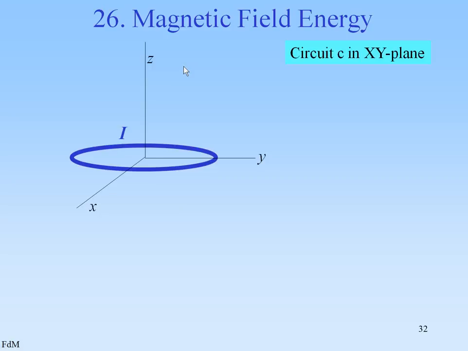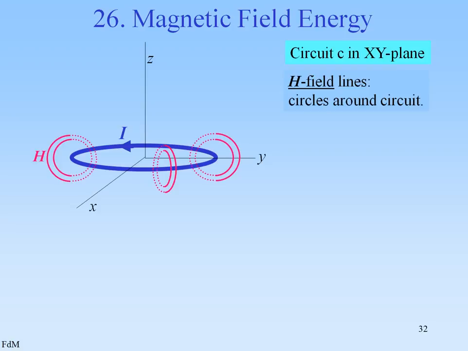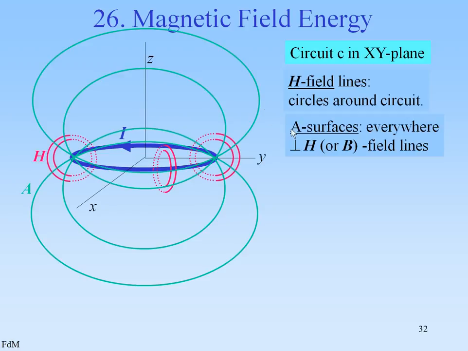Now we discuss the magnetic field energy. Suppose we have a circuit C in the xy plane. Then there will be magnetic field lines around, circles around the circuit. Perpendicular to those circles, we can construct surfaces called A surfaces, and they are everywhere perpendicular to the H or B field lines.